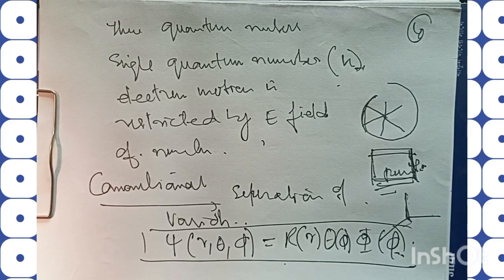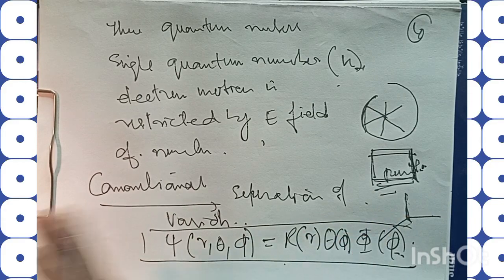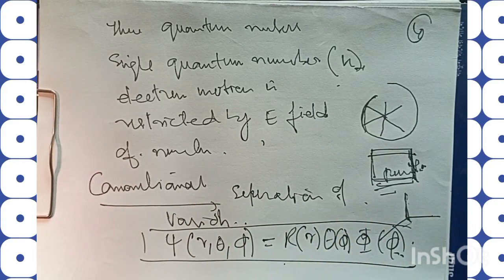So what is the advantage of writing this Schrodinger equation in spherical polar coordinates for the problem of the hydrogen atom? It is basically that in this form, it may be separated into three independent equations: the equation in terms of r, another in terms of theta, and another in terms of phi.